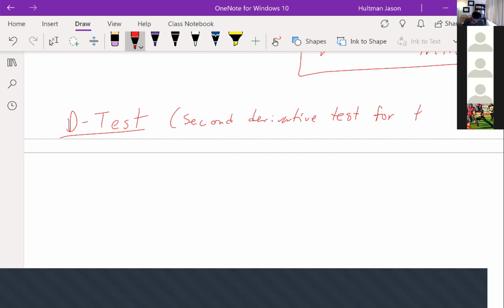This is the second derivative test for two variables. Okay.